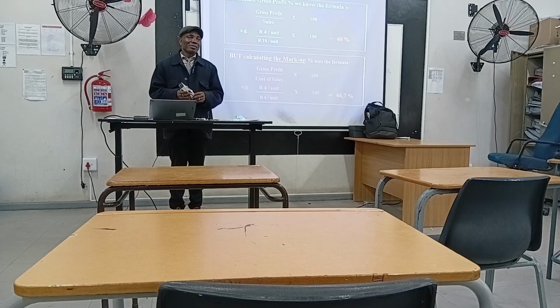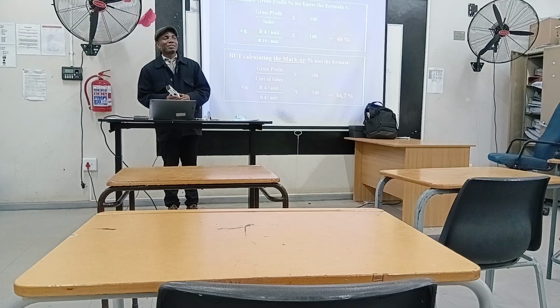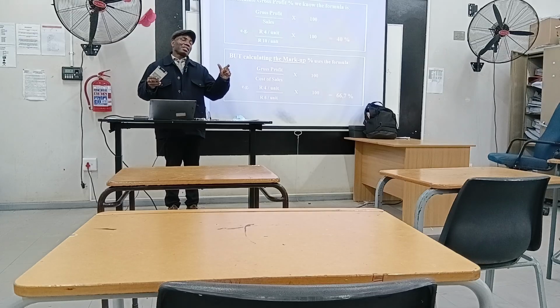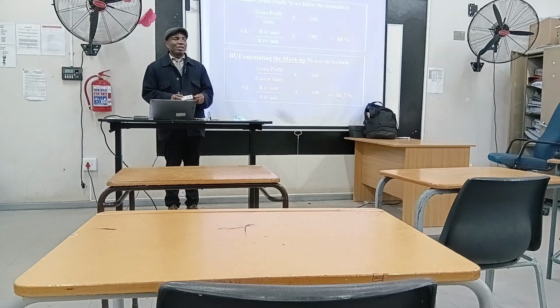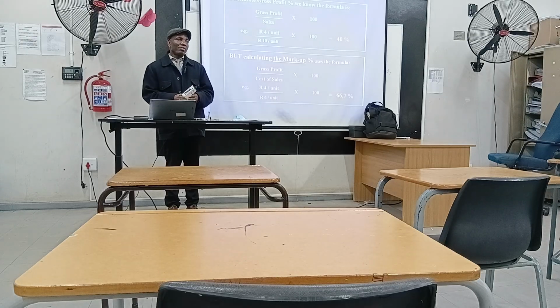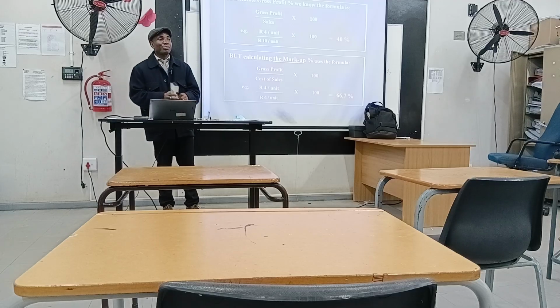So when we say gross profit percentage, you say gross profit divided by sales times 100. How do you get the gross profit? If I'm selling one item, you can work it out using your sales minus cost of sales. Let me give you a typical example.